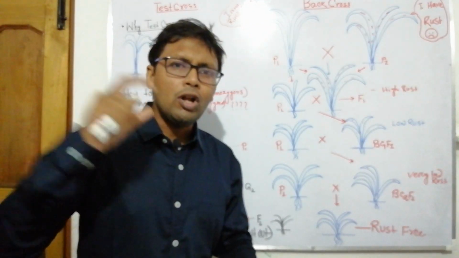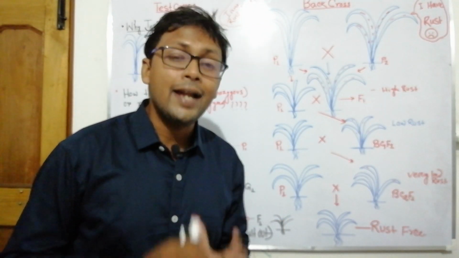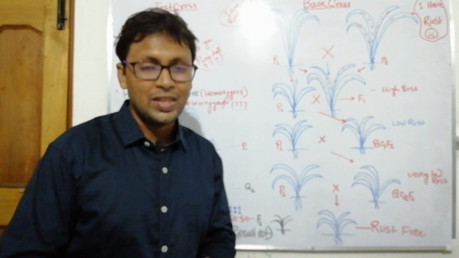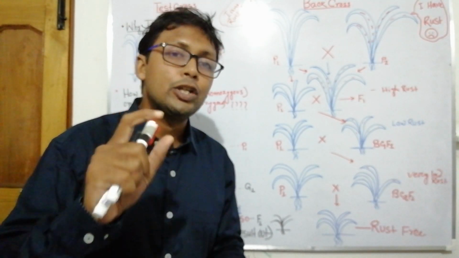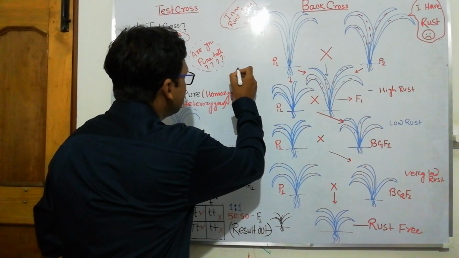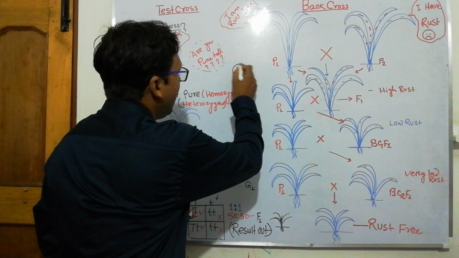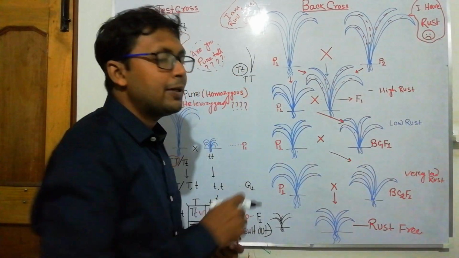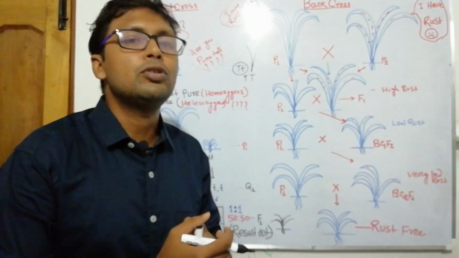A tall plant is determined by a dominant gene, capital T. When capital T is present along with small t, the plant will be tall. When capital T is present along with capital T, they are also tall.